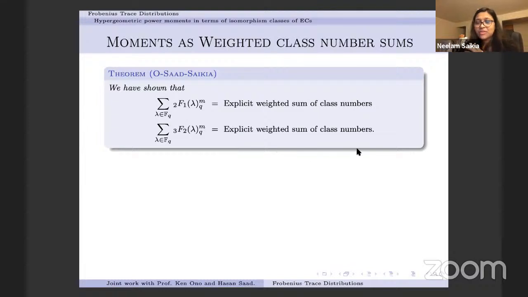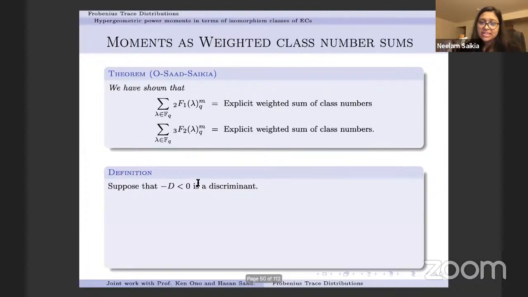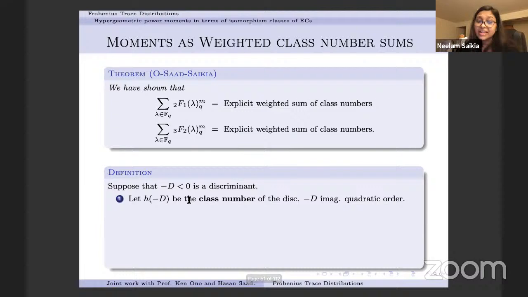So let me define what the class number is here. If -d is a negative discriminant, then h of -d is the actual class number of the imaginary quadratic order having discriminant -d. Then the Hurwitz class numbers are defined in two ways.